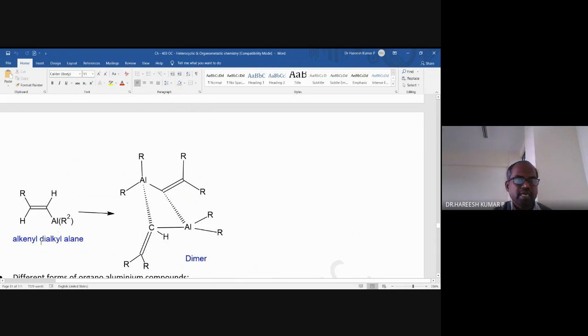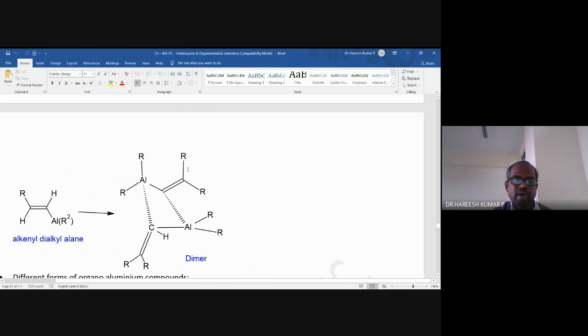This alkynyl dialkyl alane will form a vinyl bridge. You can observe that this is a vinyl, and this is also a vinyl. So this is called a vinyl bridge. How is it forming? There will be a bond formation between the aluminum and this carbon, and similarly between the aluminum and this carbon.